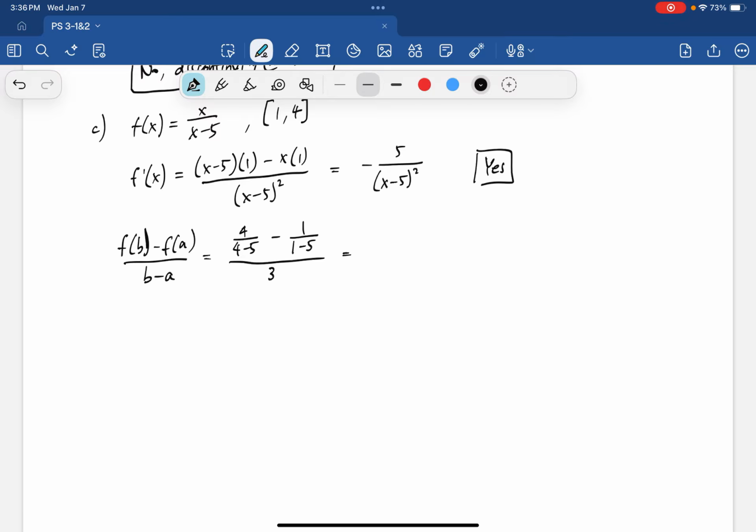So that's negative 4 plus 1/4, because that's minus 1 over negative 4, so it's plus 1/4 over 3, which is equal to negative 15 over 4 over 3, which is equal to negative 5/4.